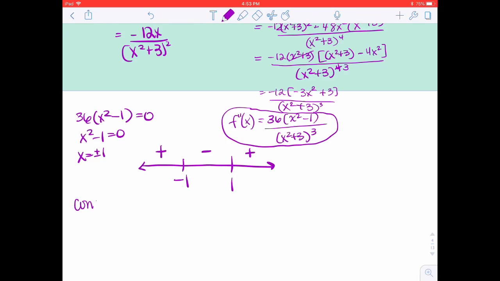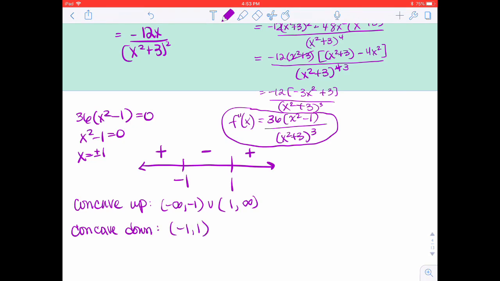So concave up on, from -infinity to -1, and from 1 to positive infinity. And then where it's negative, it's now concave down, so on (-1, 1). And so those are your intervals of concavity.